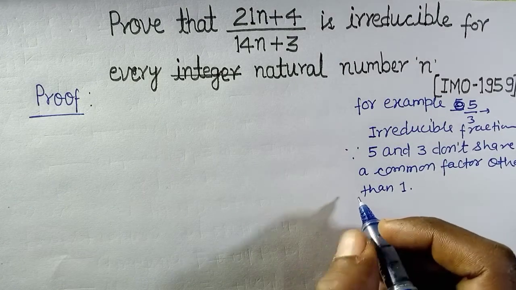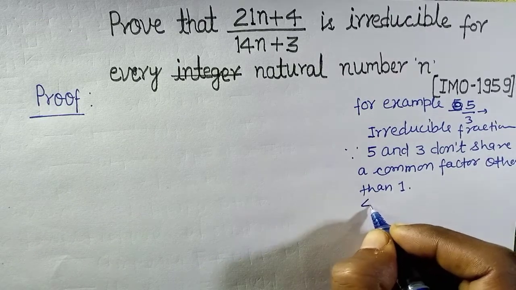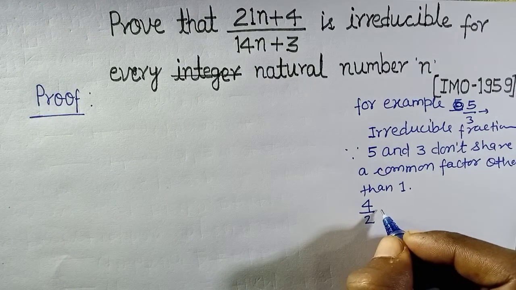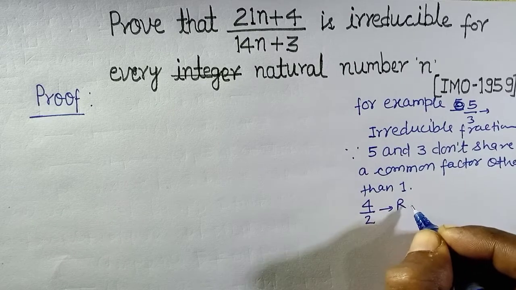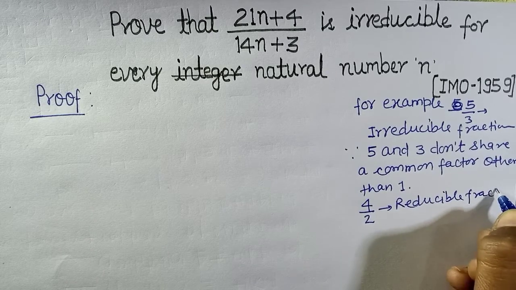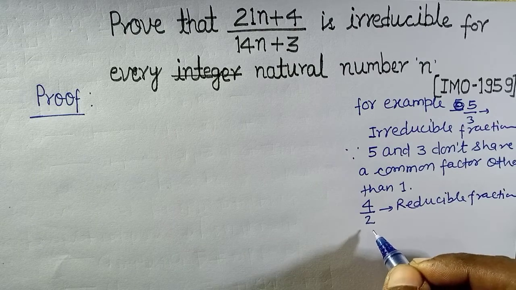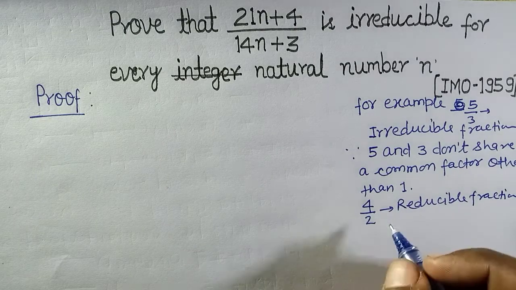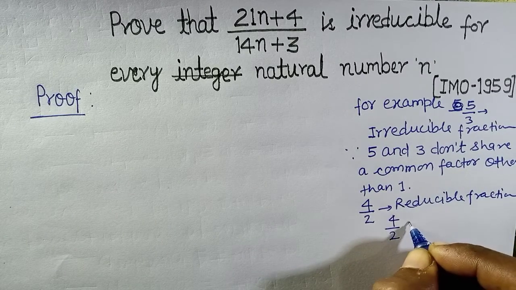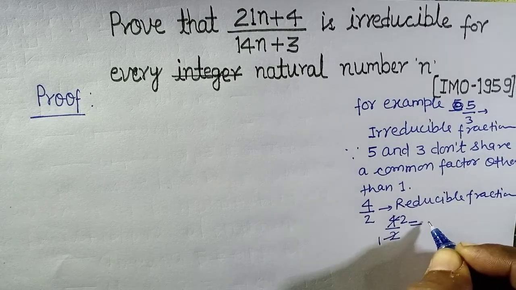But if we have a fraction like 4 over 2, it is a reducible fraction, since 4 and 2 share a common factor, that is 2, so 4 over 2 can be reduced: 2 ones are 2, 2 twos are 4.